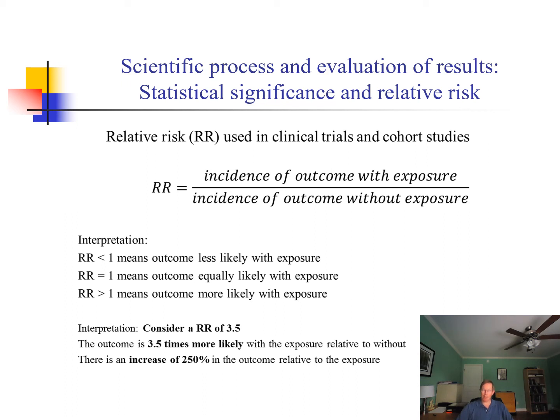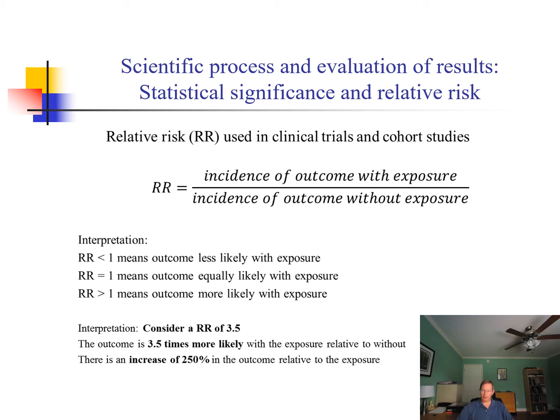So people frame this in 2 different ways, and I want you to understand both ways of framing it. Let's say that you calculate a relative risk and it's 3.5. What that means is that it's 3.5 times more likely to have that outcome with whatever you're doing, the exposure or the drug, relative to not having it. So one way is to say so many more times.